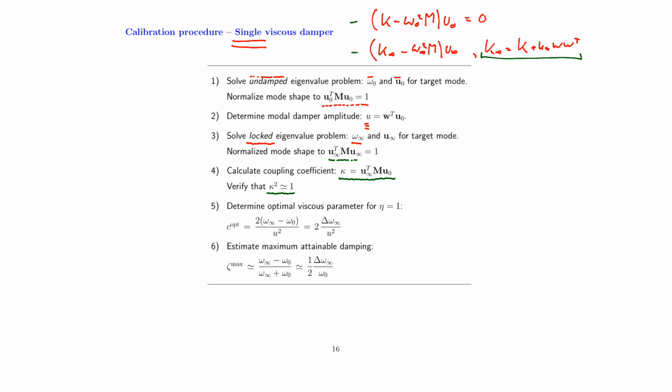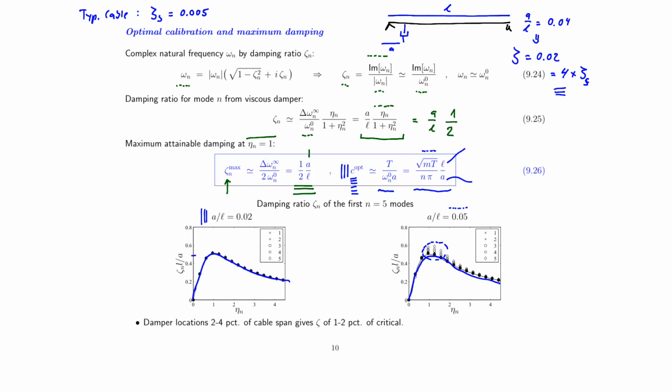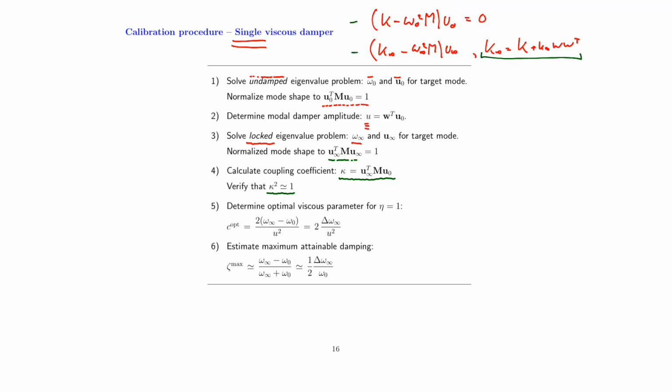Because what is typically the case is that although your theory is not really accurate, we will, as indicated here for the cable, be conservative in our estimate. So you will most likely get more damping out of it than the theory predicts. So my recommendation is that if kappa is actually significantly smaller than 1, use steps 5 and 6 anyway.